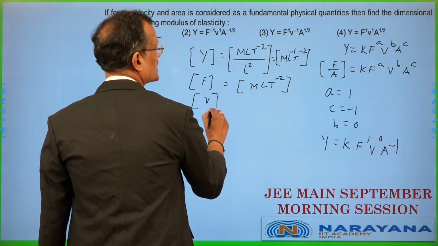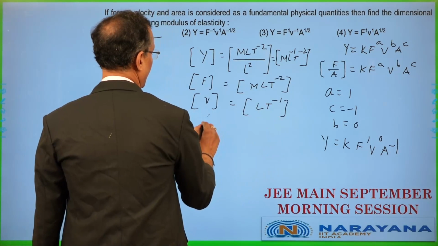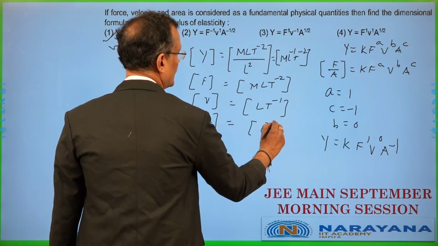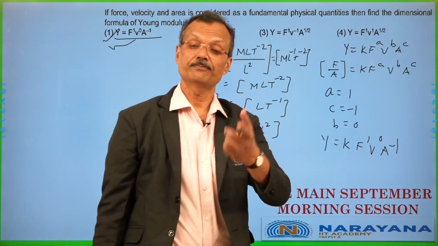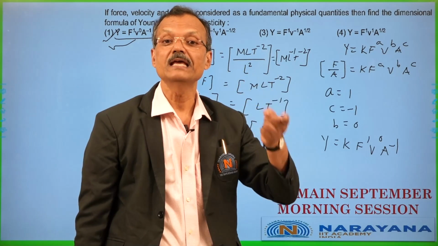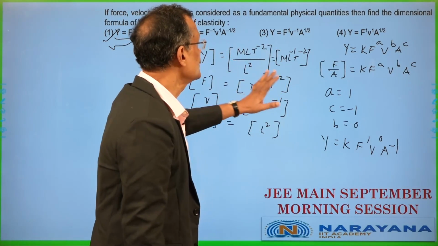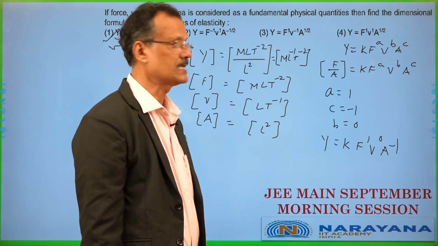V will become LT minus 1. A will become L2. Then you will have to substitute here, get the values of A, B, and C, and then substitute in that expression, and you will get the correct answer.